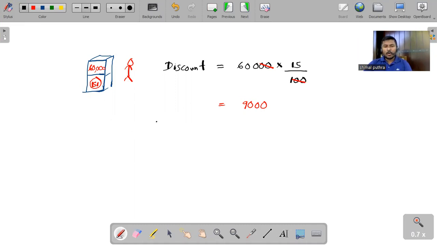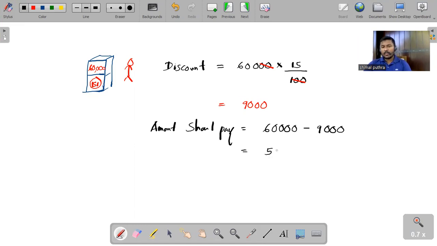So the amount I should pay for the refrigerator. It's already mentioned 60,000. From the 60,000, they will reduce 9,000.